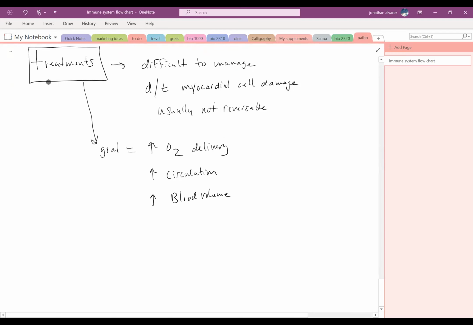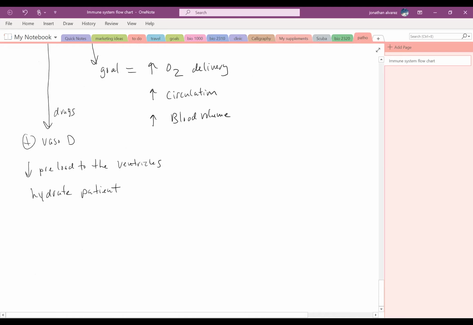This is just a few things, not an exhaustive list, but as far as drugs, things that would promote or activate vasodilation if they're under vasoconstriction, to decrease the preload to the ventricles. Hydrate the patient, if needed.